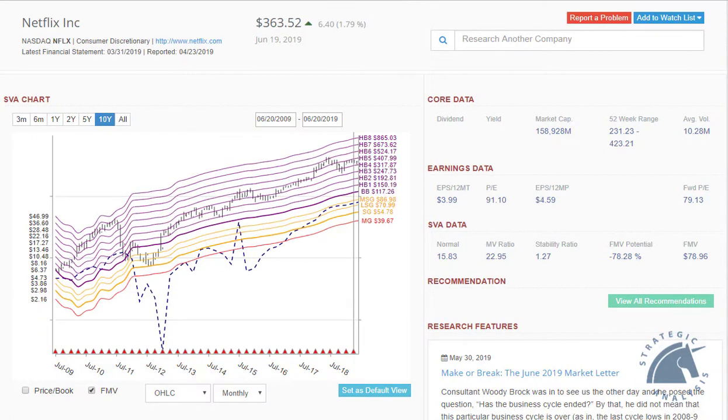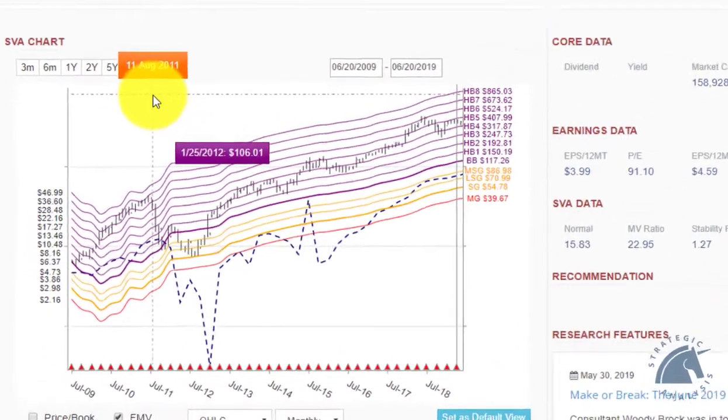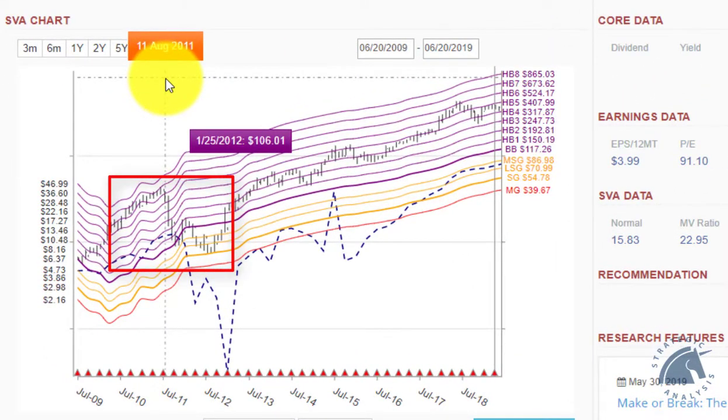Looking at Netflix, I think that we can see very clearly. Now, this company has had about a 30% compound growth rate of its book value as well. But when you look back, you don't have to look back all that far in history, and you see already that Netflix had an enormous drop in 2011. Could something like that happen again?